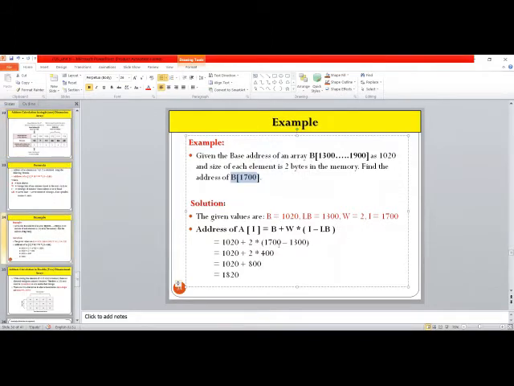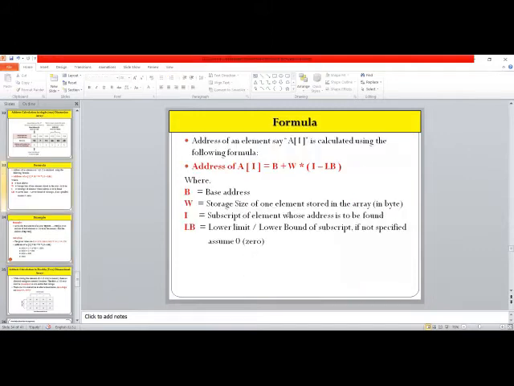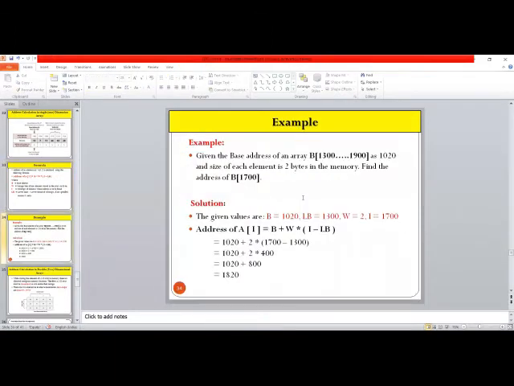So putting all the values in our formula. Right. Here base address is given as 1020. W is given as 2. Right. Base is 1020. W is 2. Now I is the subscript of the element whose address is to be found.